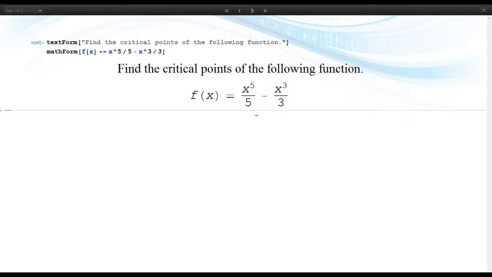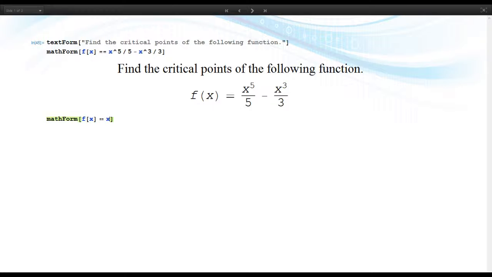So, to find critical points, we have to have the derivative of our function equal to 0. And so we're going to use the power rule on this. We have f of x equals, well, we take the power 5 and multiply it by the term.